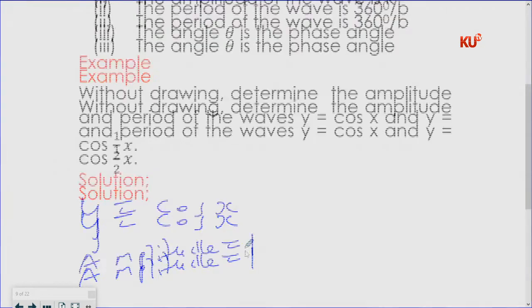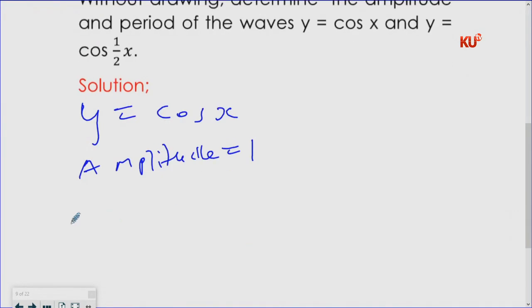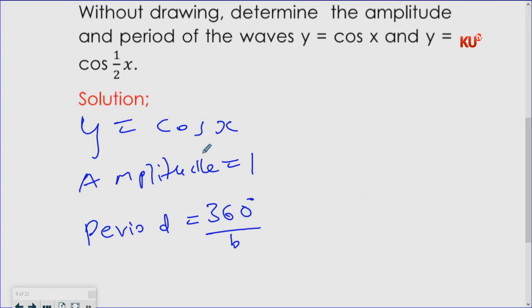Then let's look at the period. I gave you the formula. Do you remember the formula? 360 degrees over b. And b, I told you, is the coefficient of x. There is a number here that is very silent. Before this x, there is 1, because in math you can't write 1x. You just write x, because if you write x, it means it is only 1x.